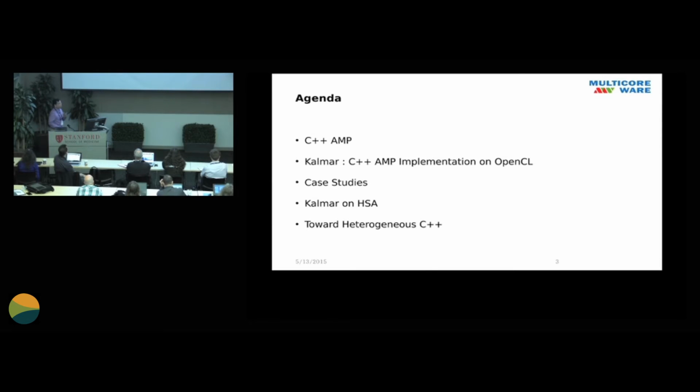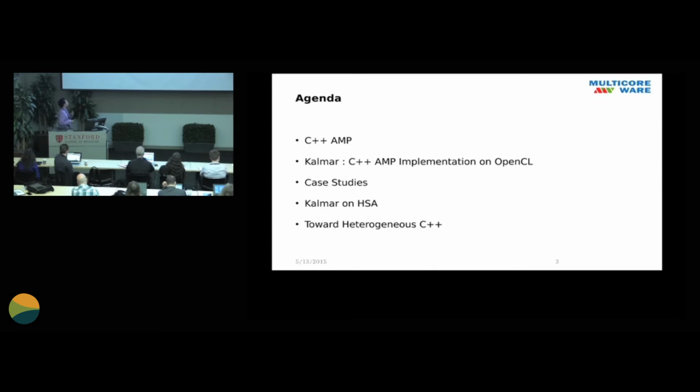My agenda today is to first give you a quick introduction of what C++ AMP is, and we'll talk about our implementation, which originally was called Clang, but recently we changed the name to Kalmar, which is a small town in Sweden. We'll show how to implement this on OpenCL, and after that we'll do some case studies.